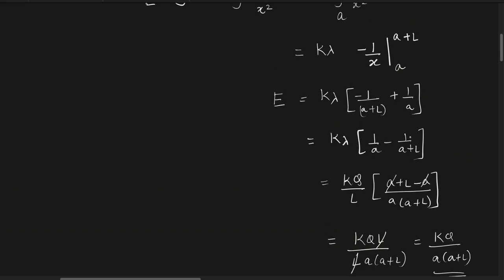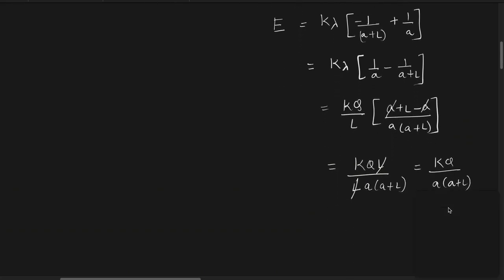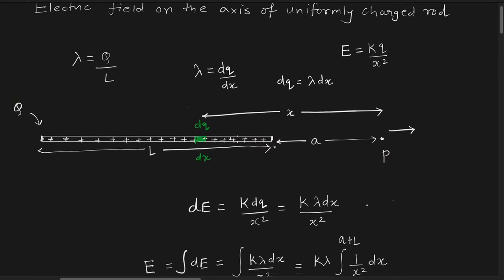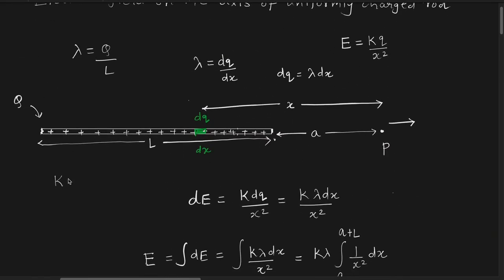Now how will I know if it is correct at all? Let's see. If I compress this rod in such a way that I make it a point charge, then L will become 0.